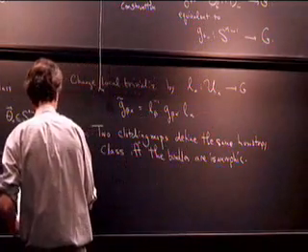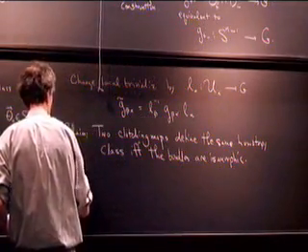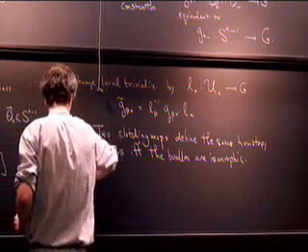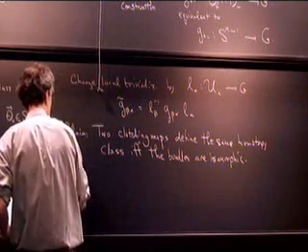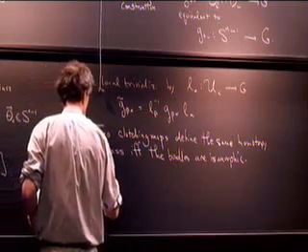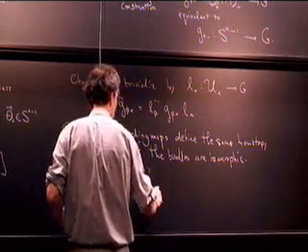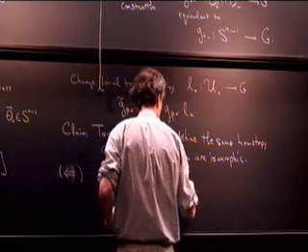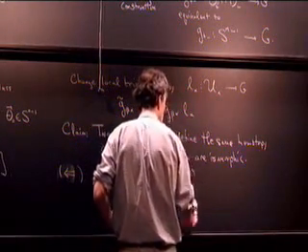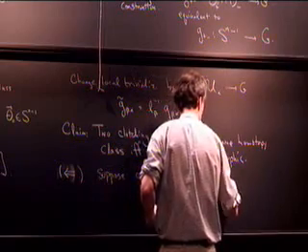So let's go this way first. Suppose that g plus minus 1 and g plus minus 2 define isomorphic bundles.